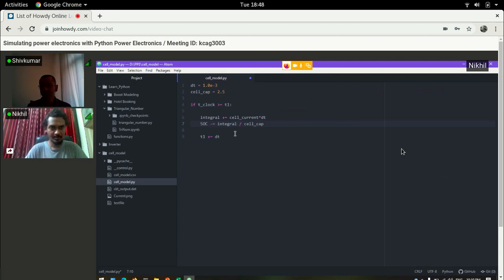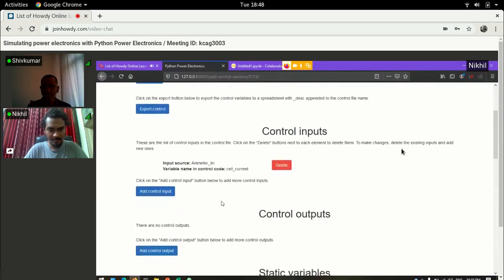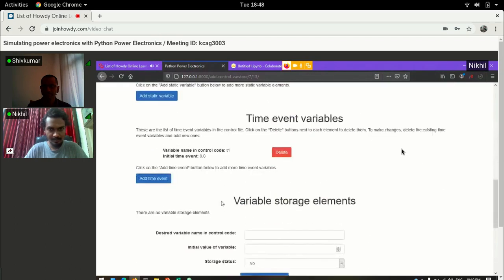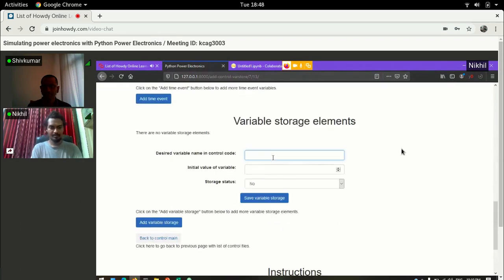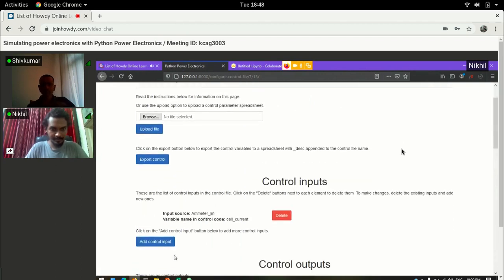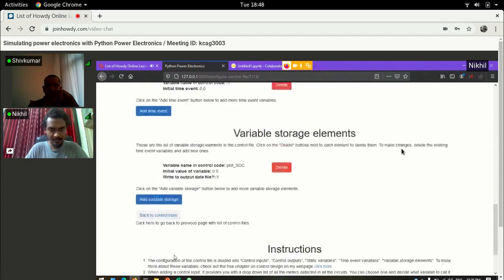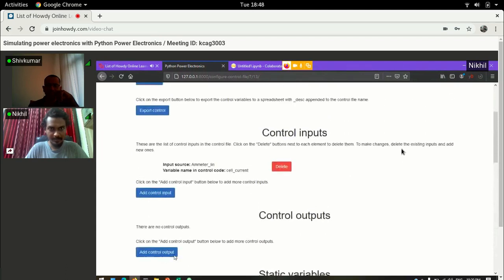So create a variable storage element. Okay, so now you can copy that thing. It should be all the way below.